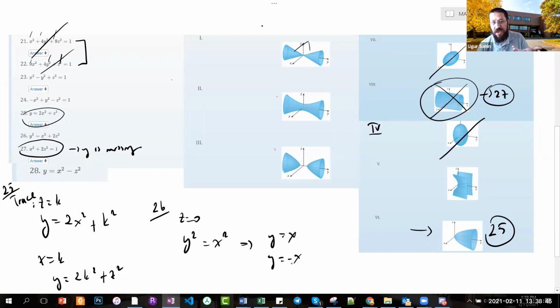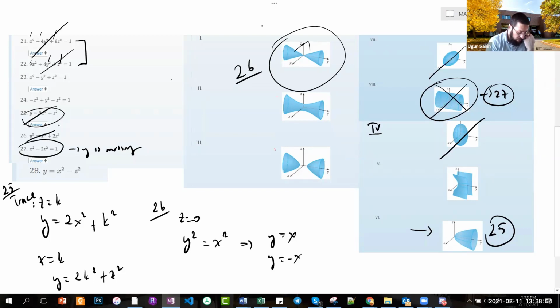The trace will be just lines, as in the cone. So that's going to be cone. This is 26. So I can delete them. And I did this one as well. So I have 23, 24, and then 28, right?